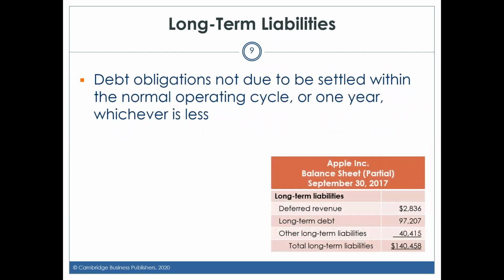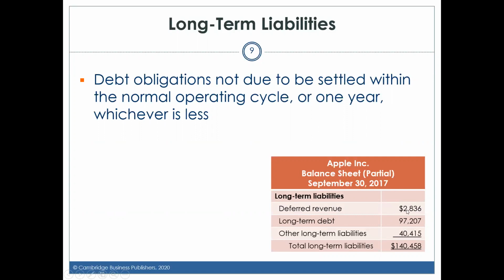Long-term liabilities. These are obligations that are not required to be paid back within a year. So you have more than a year to pay them back, or more than a year to satisfy them. So some portion of deferred revenue was long-term for Apple in 2017. And these numbers are in millions, by the way.